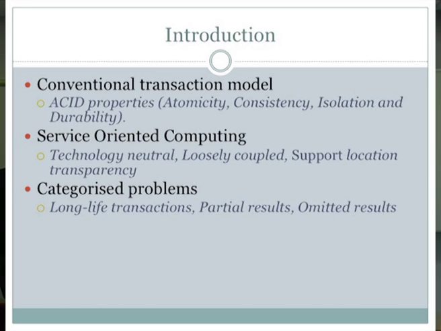We have to undo everything. That means with a little problem, we have to recover the whole transaction and come back to the first state, which is not always acceptable. We have to have alternative solutions.